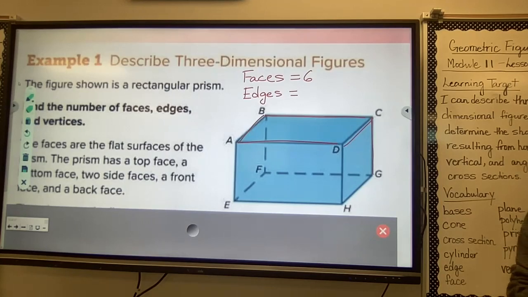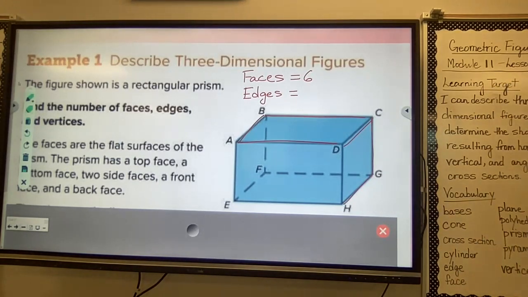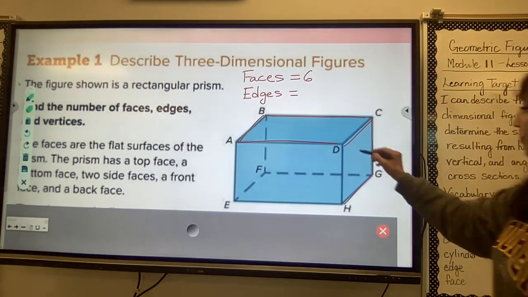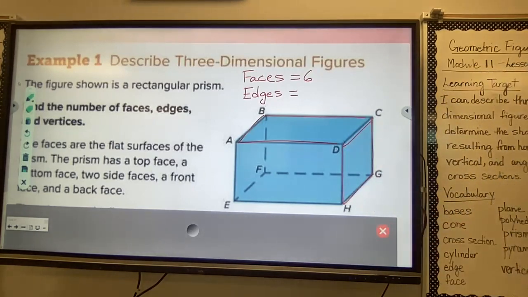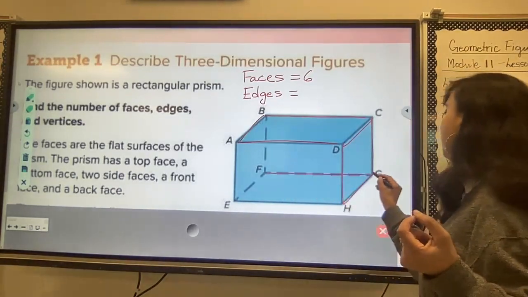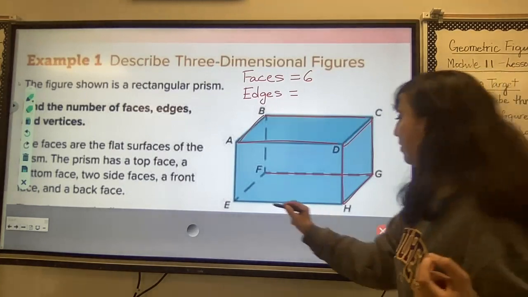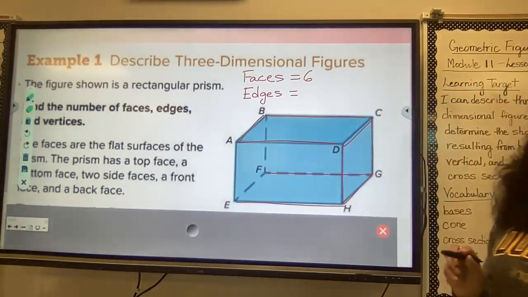So these are all line segments. So CG, we have GH, right? We have DH. These are all line segments. We have FG. Okay, this one. Then we have EH, this one.